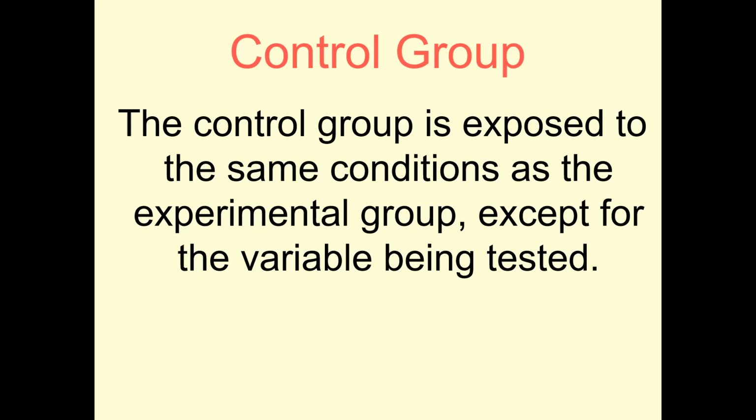Because if you were talking about a tropical plant, obviously you wouldn't put the control group at 0 degrees Celsius, because that would be way too cold and that plant would die. So you would want to do something that is normal for that plant.